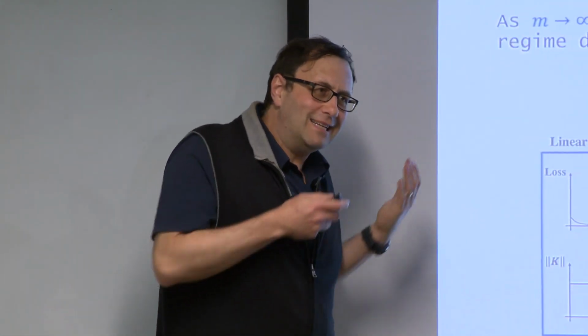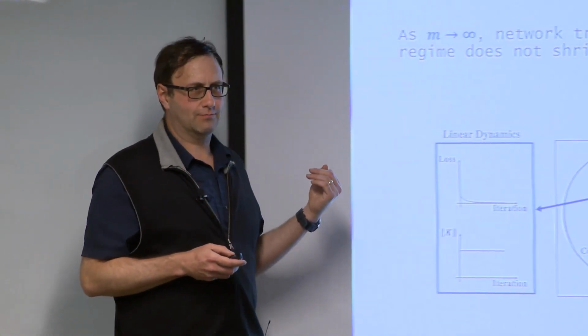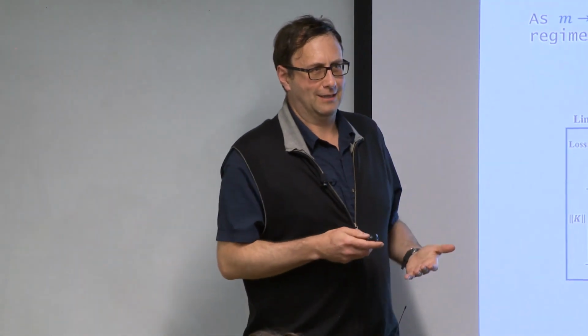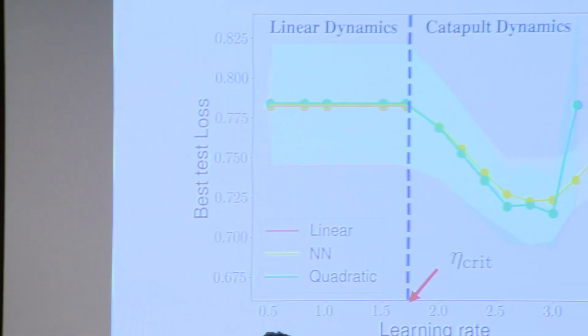It does look like it happens for a lot of neural networks, and maybe all of them. But what we can show is much, much more narrow than what happens in practice.